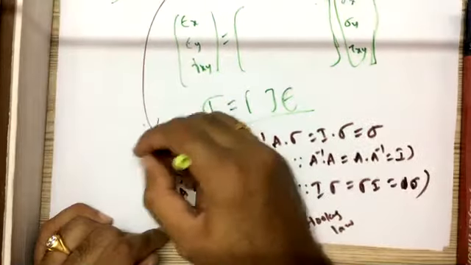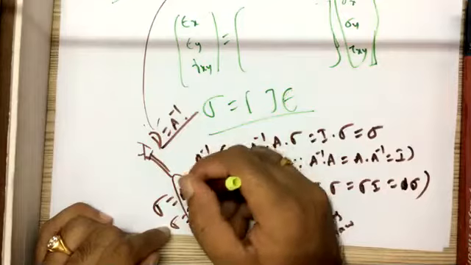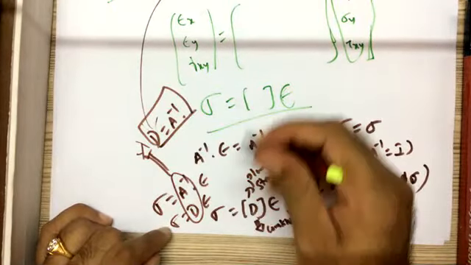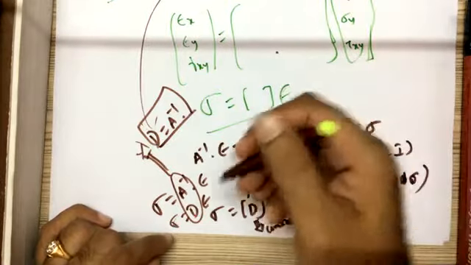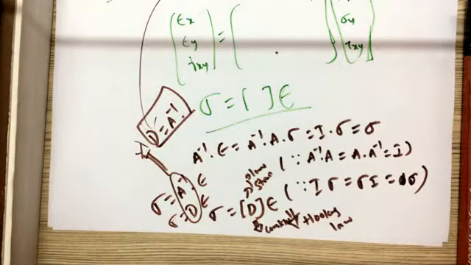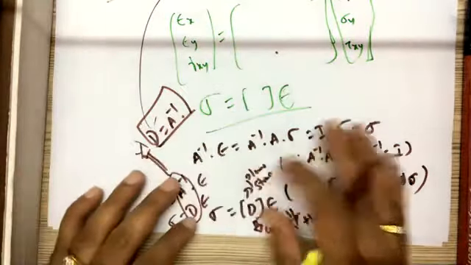So D, the constitutive matrix for plane strain, is obtained by taking the inverse of the matrix A. We did the same in the previous plane stress derivation for the D matrix, and similarly we are going to do the same thing again.